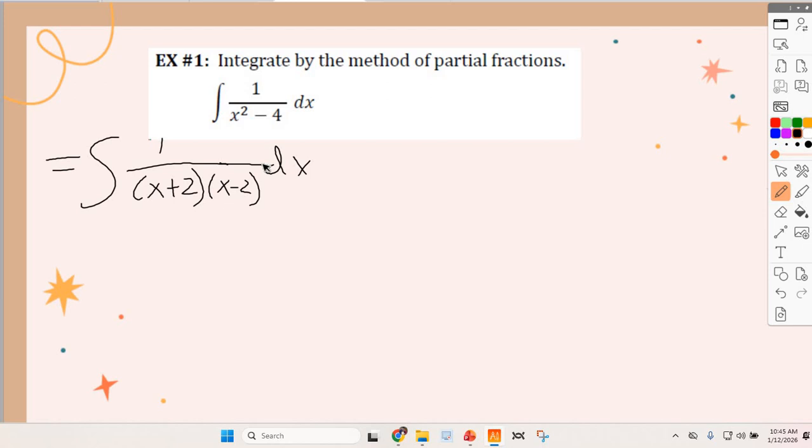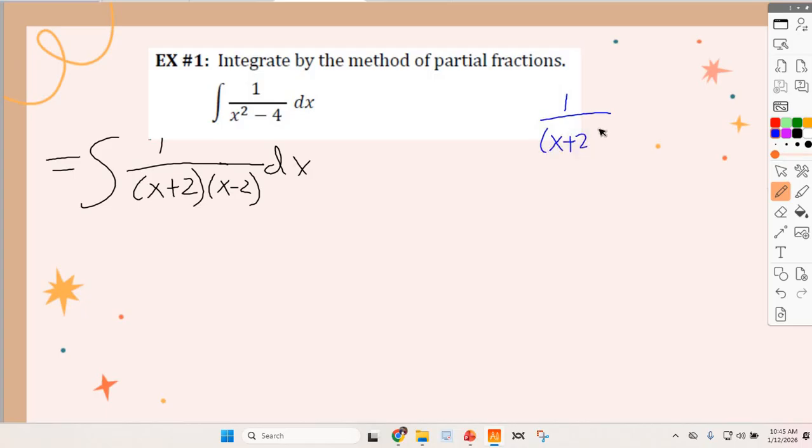Now, I would say go ahead and we're going to come over to the side and do our partial fraction decomposition. Because if I try and do that within this, then you have to put your integral symbol in places and it just gets really funky, okay? So just come over to the side and do some side work with your fraction.